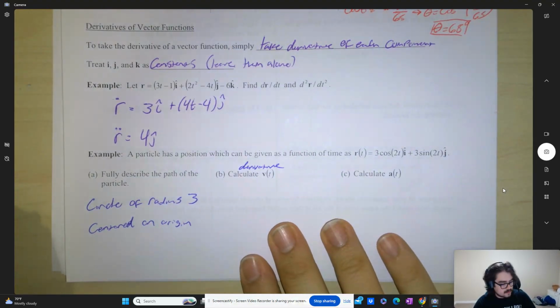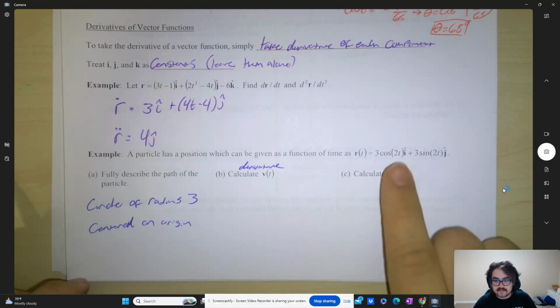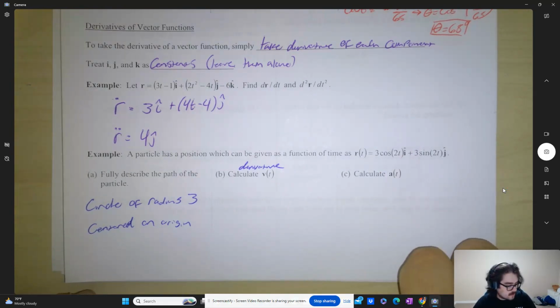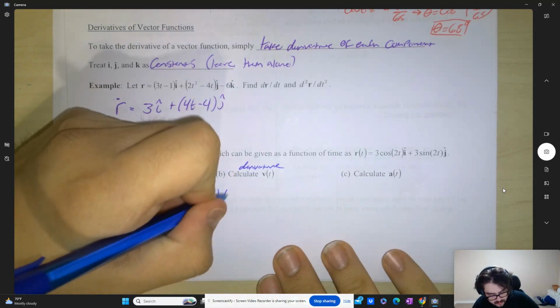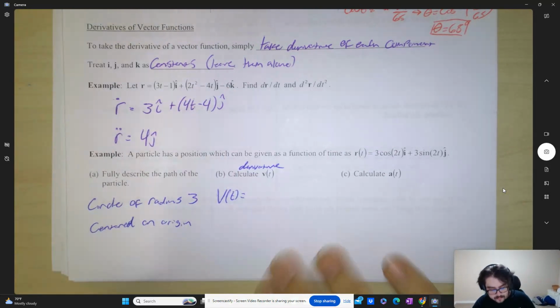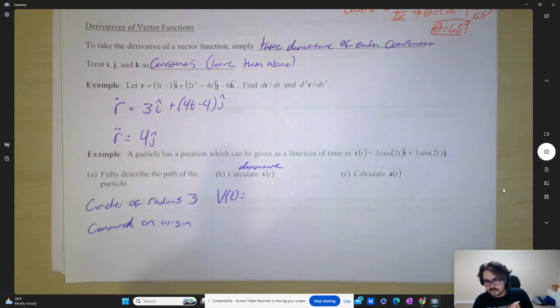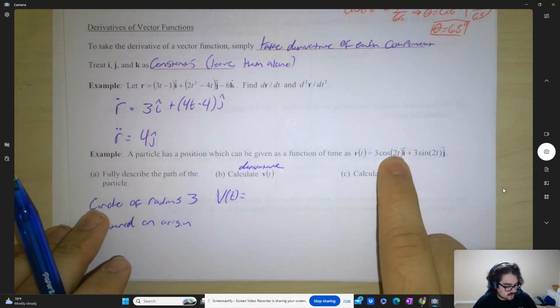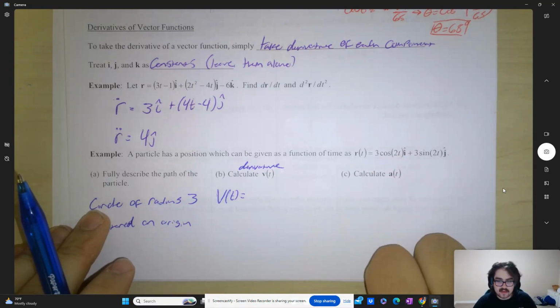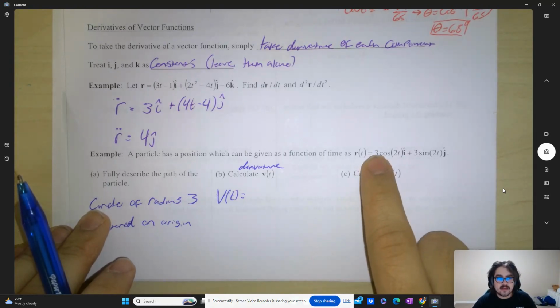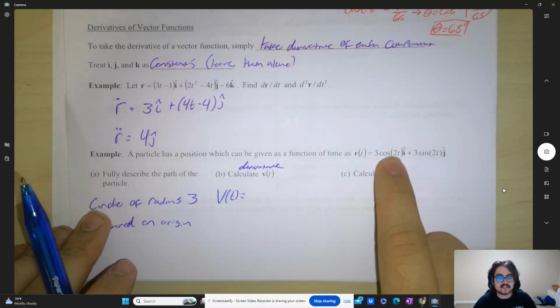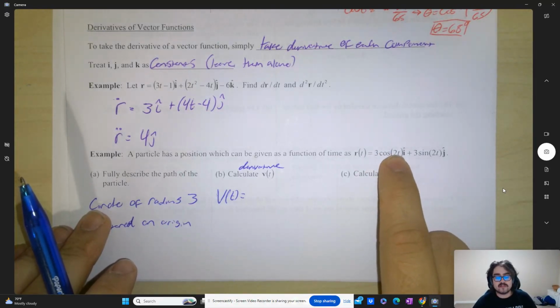To find the velocity, this is saying the derivative. And I'm going to have to use the chain rule a little bit here. My exterior function is going to be this 3 cosine, and my interior is going to be 2t. If you take the derivative of that, it would be negative 3 sine 2t times the derivative of the interior, which is just 2.